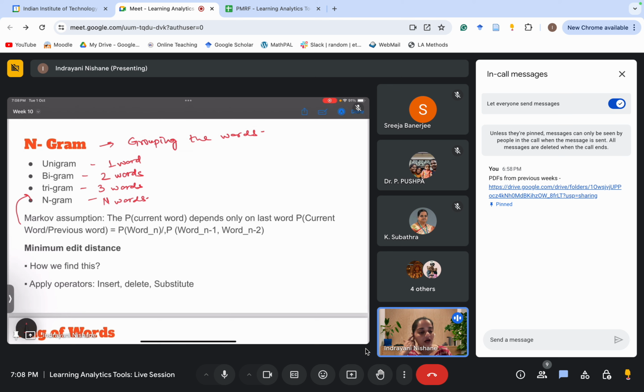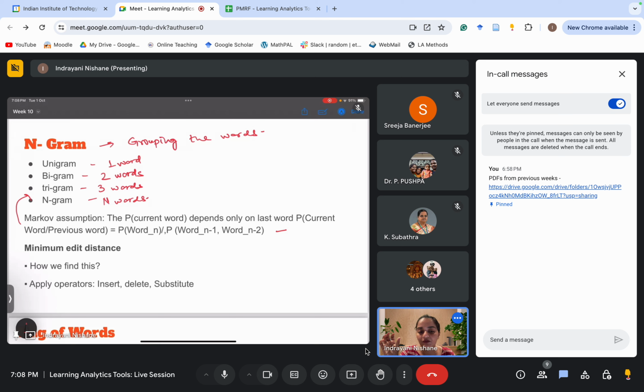So this will be more clear when we solve the problems. There are problems based on this, very simple probability calculations. Now coming to another concept, minimum edit distance. This is how the computer interprets the English language.